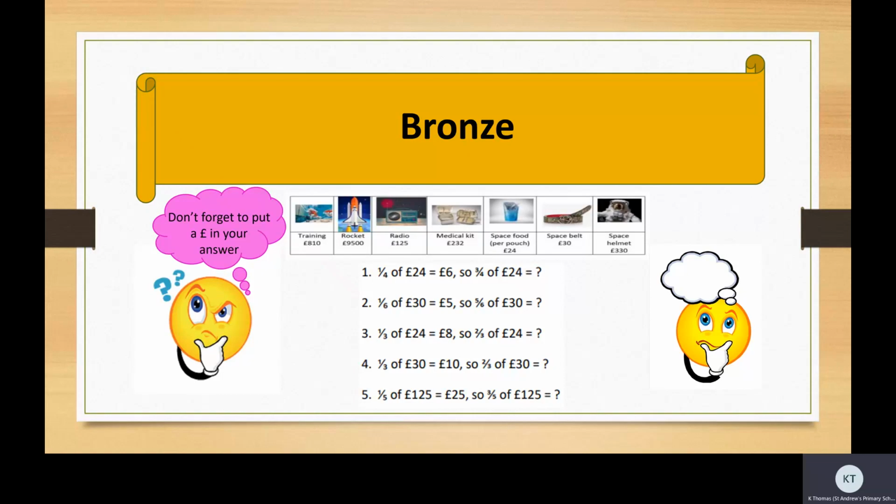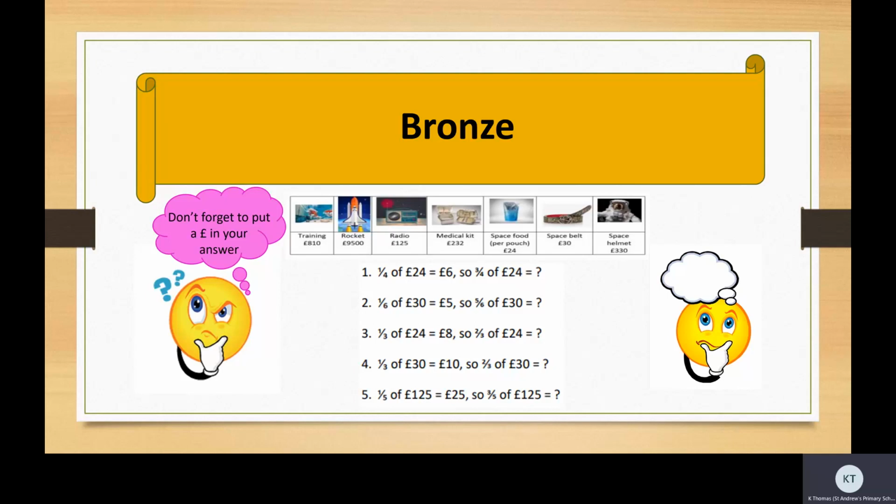I could use my times tables to help me with that. And if I know this, then I know what 3/4 of £24 must be. So use the fact you know. If I know 1/4 of £24 equals £6, then I know that 3/4 of £24 is 3 times as much.